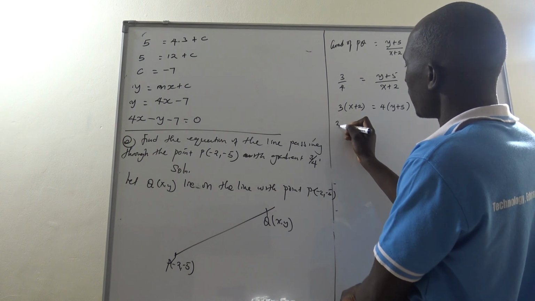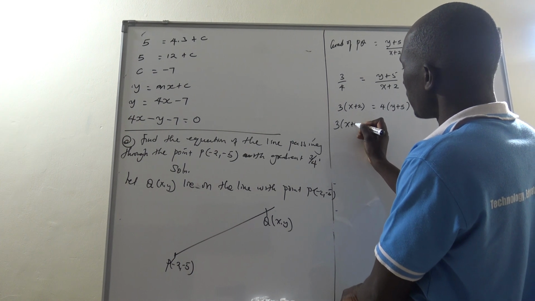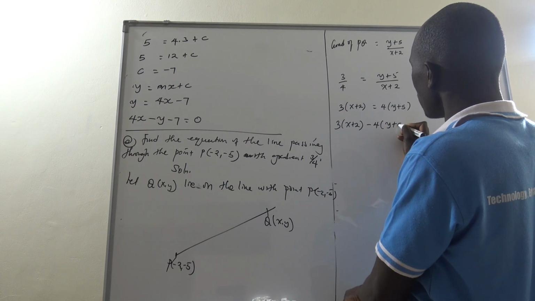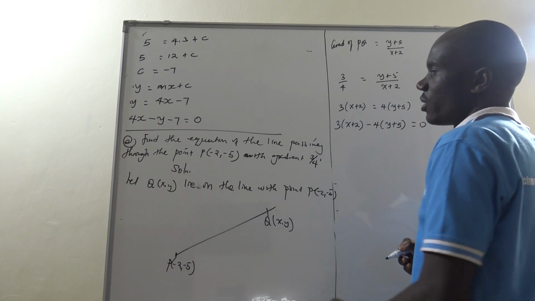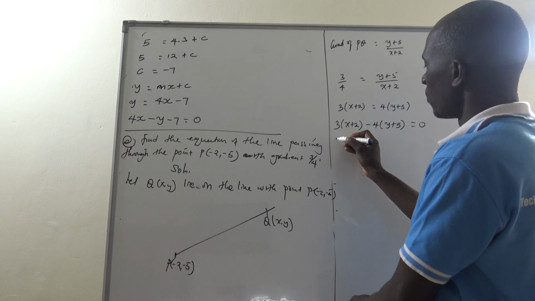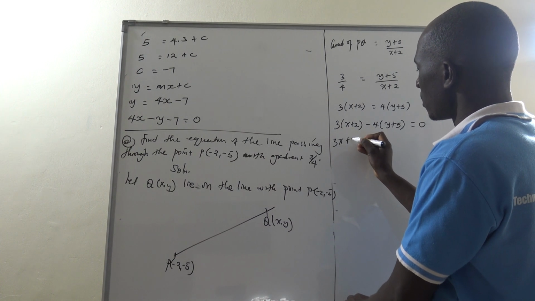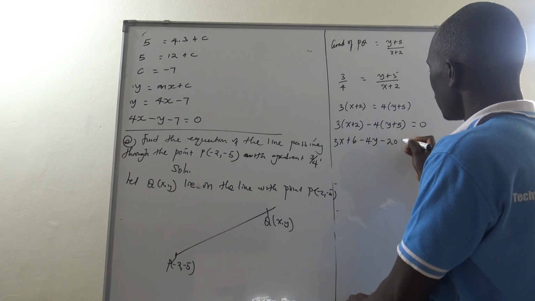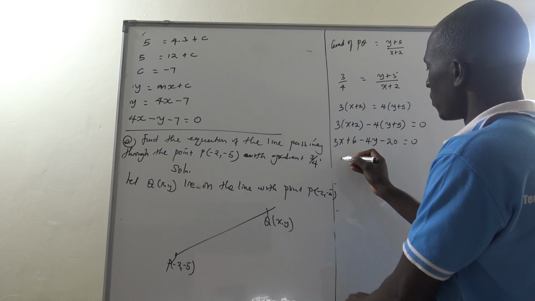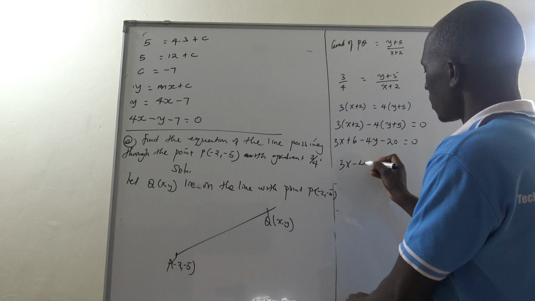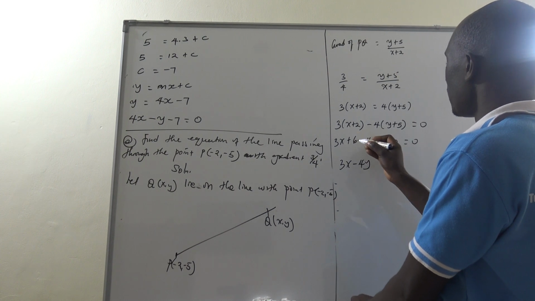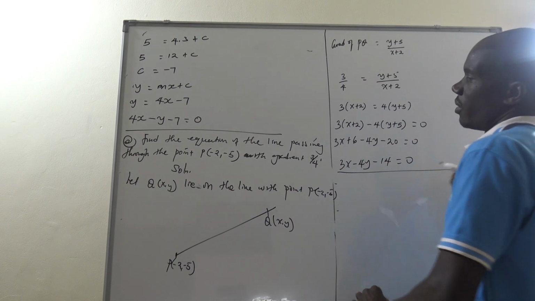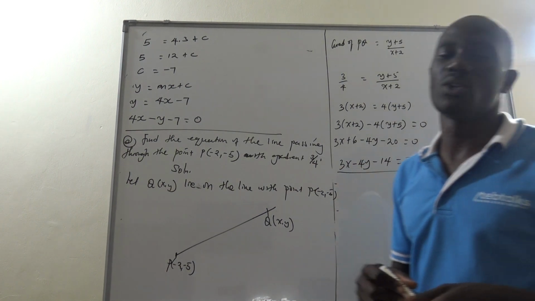We are getting 3(x plus 2) minus 4(y plus 5) equals 0. So can we try to open? We are getting 3x plus 6 minus 4y minus 20 equals 0. So we are getting 3x minus 4y minus 14 equals 0. This one becomes the equation of the line.